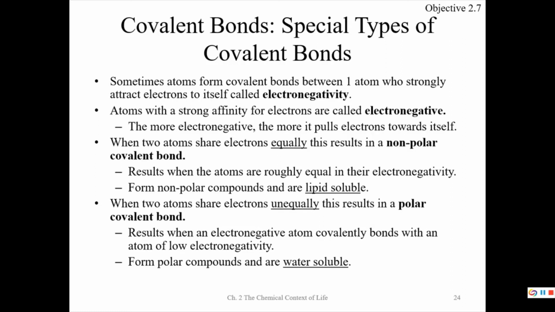Now, one of the big things I always like to talk about when I do this is their solubility, because basically like dissolves like. Things that are nonpolar molecules dissolve in nonpolar stuff, and things that are polar molecules dissolve in polar stuff. Now, in reality, I should use the word compound, because in a polar covalent bond, they will be compounds because they're going to have different electronegativities, and the same atom, if you're a molecule only, can't have different electronegativities.